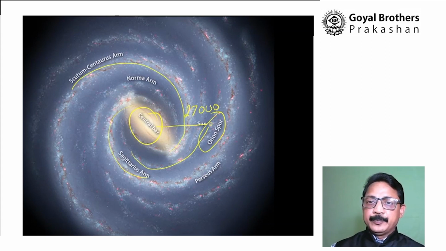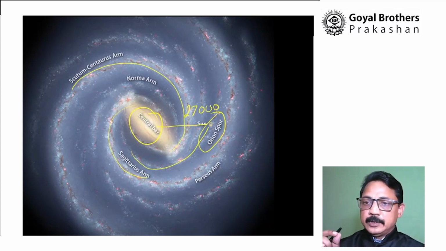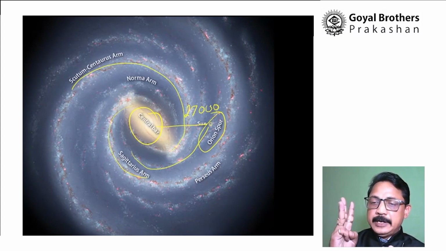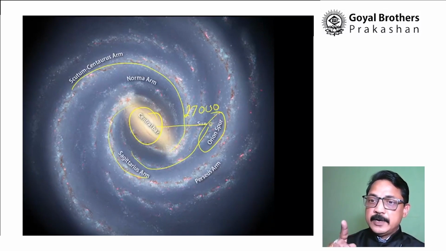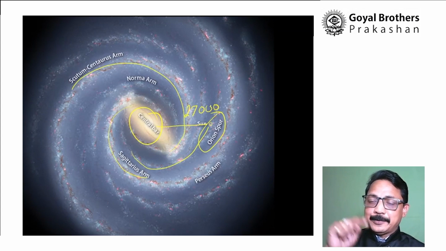Please remember, a light year is the distance traveled by light in 1 year. Let me tell you in simple words. Light speed is 3 lakh kilometers in 1 second. So, if you start traveling with a speed of 3 lakh kilometers in 1 second, whatever distance you reach after 1 year, that will be 1 light year.